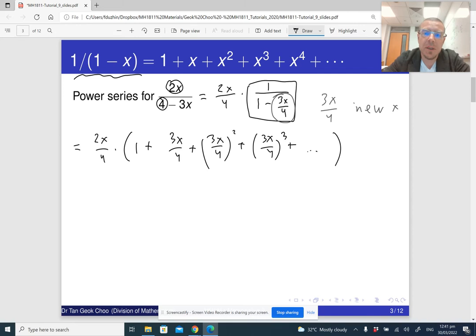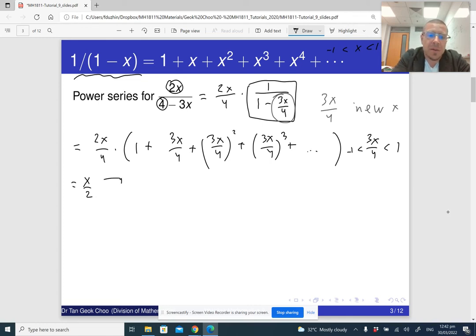By the way, the original power series is valid for x between -1 and 1. So this is defined and works if, now that 3x over 4 plays the role of x, whenever 3x over 4 is between -1 and 1. But then we can simplify it if you want. 2x over 4 is really just x over 2.